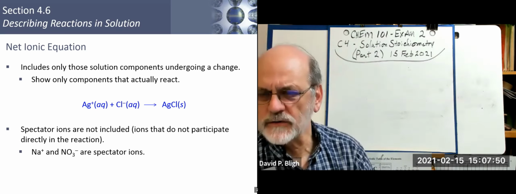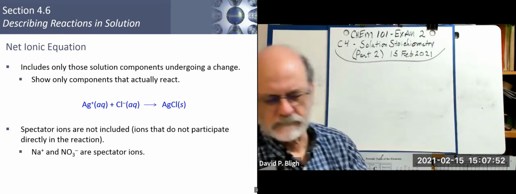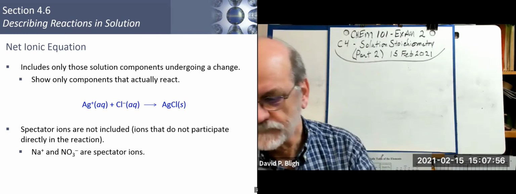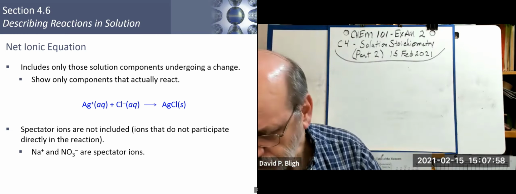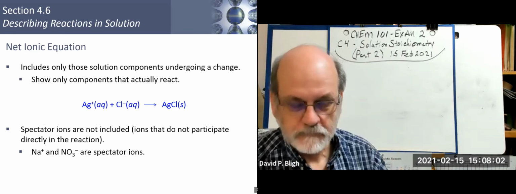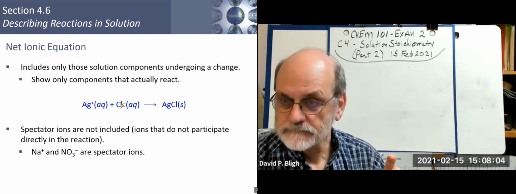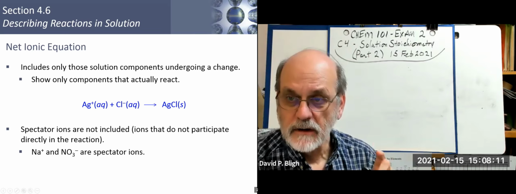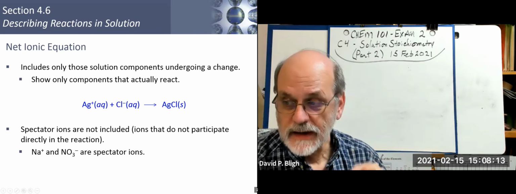Now, what's the value of doing that? Well, here's one practical example. Suppose you want to carry out this reaction right here, and you know that the spectators in that reaction are sodium and nitrate.